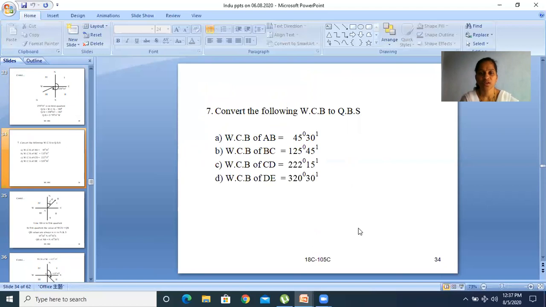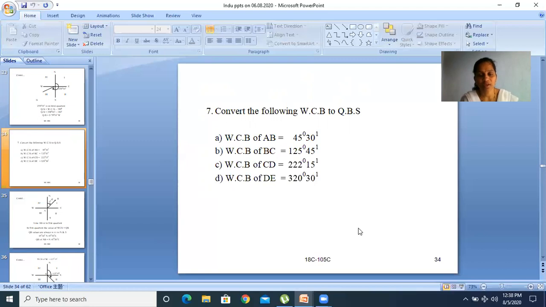Seventh sum, convert from WCB to QBs. Again, WCB of the AB line. Up to now they have given only bearings, there are no lines. We can use that line as AB only. So they have given different lines.